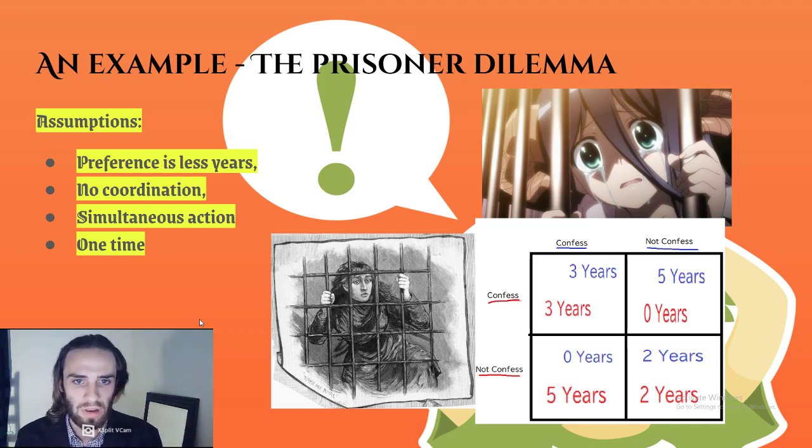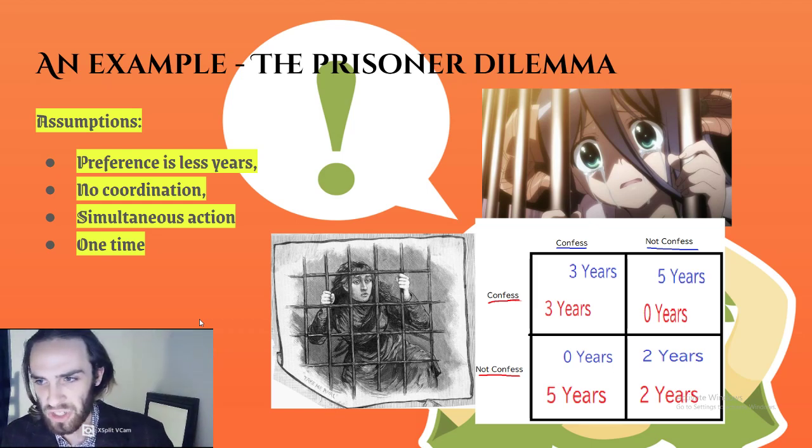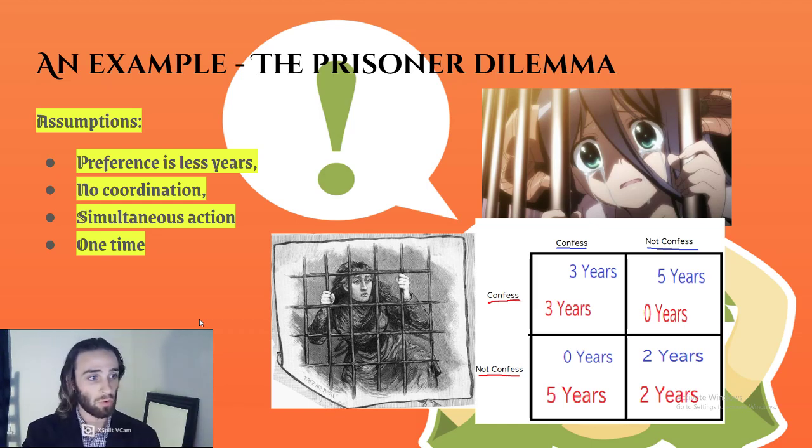There is zero coordination. They both make their decisions simultaneously, whether they're going to confess or not confess to the crime. And they only run through this once. There is no secondary time where they're going to go through their confessing action again. In very concrete numbers, if player A, or red in this case, is to confess, then they are going to get 3 years if player B also confesses.